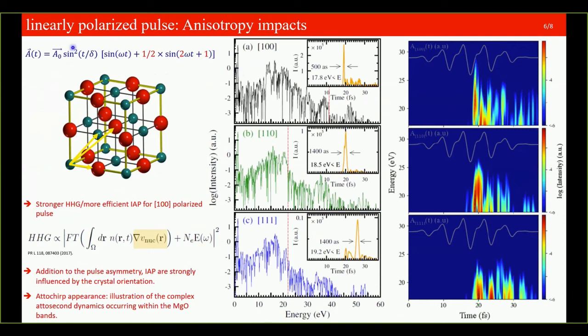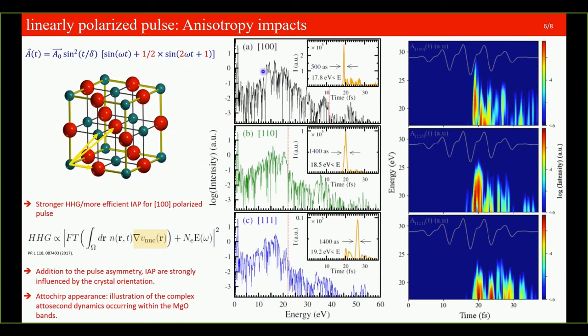Let's move to the HHG response to anisotropy in the MgO crystal. Now we have a two-color laser pulse, and here the figures show the HHG resulting from the same input pulse, but in different polarization directions.